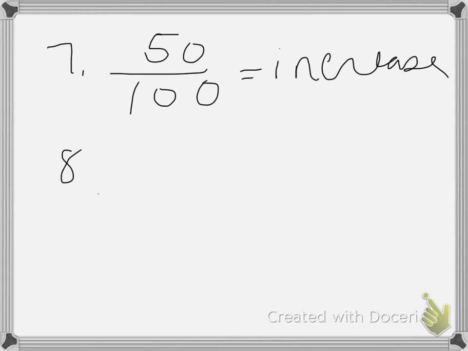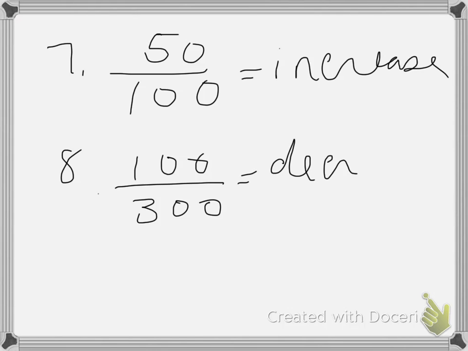Number 8, you do the same way. You subtract 300 minus 200. So this was a decrease, with a difference of 100, right? And the beginning or the original is 300. We know it's a decrease, but what percent is it? So tell me what that is. What percent decrease?